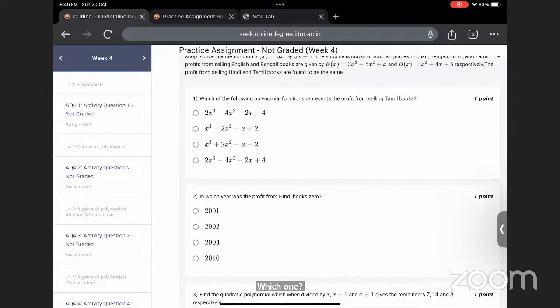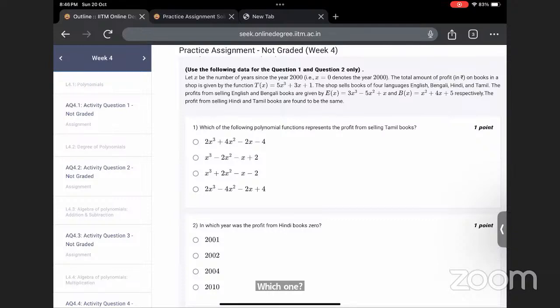Okay. So in the first question, the total is given, and E, B are given. We have to calculate T, and we know that T and H are the same, right? So we can express the total as English plus Bengali plus Tamil plus Hindi.